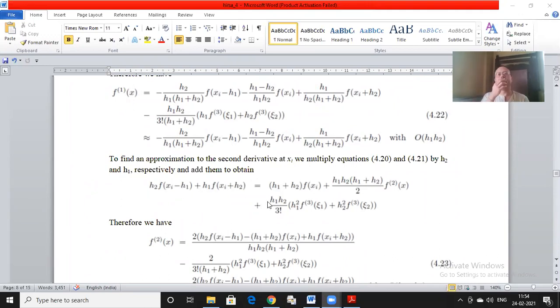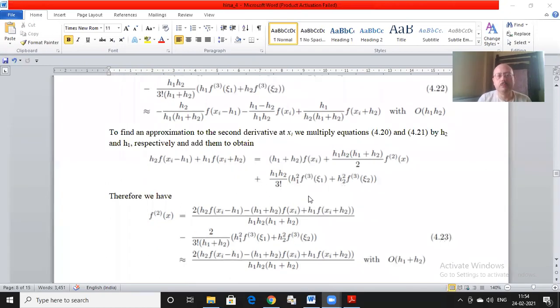Adding up, the first derivative will vanish and we will have this expression: backward and forward function values equal to, again, the middle function value with some weightage, the second derivative, and again the third derivative term, which would be our order of error.